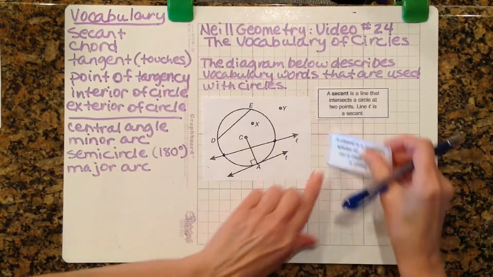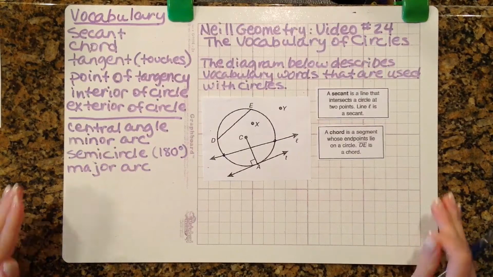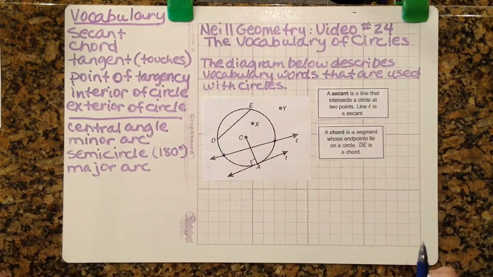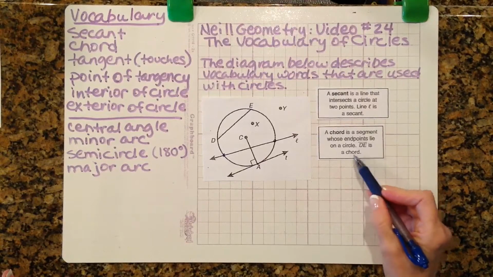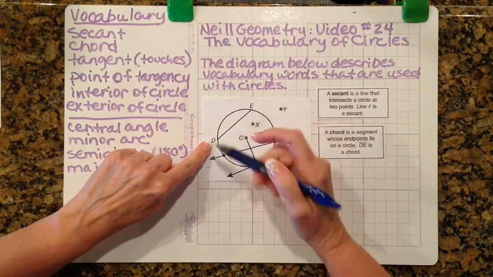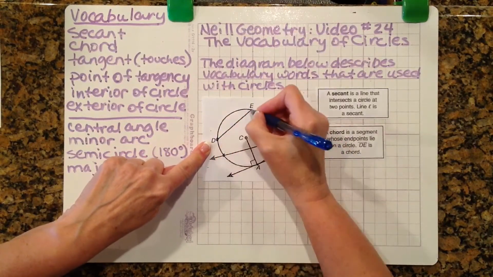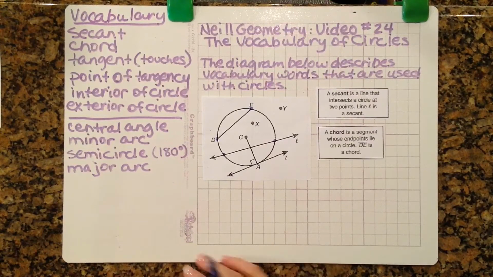All right, next vocabulary word is chord. A chord is a segment, meaning it's a line segment, whose endpoints lie on the circle. Line segment DE is a chord. So a chord is a line segment. And this is D right here, that point, and right there. Now, secant is not a line segment. It is a line.